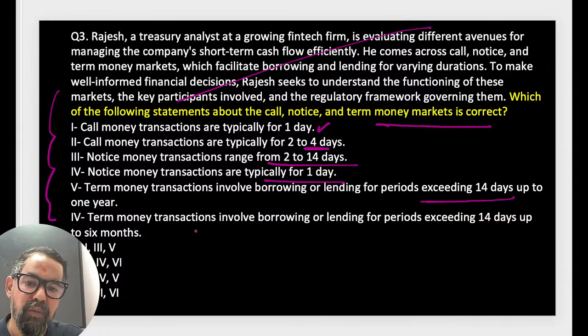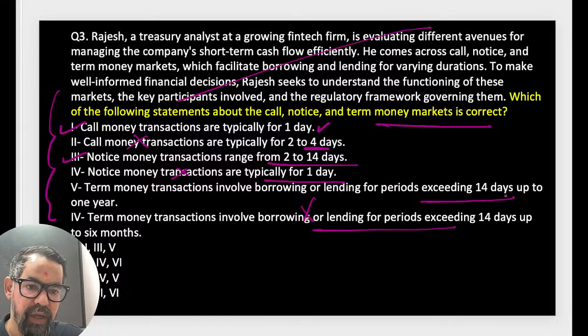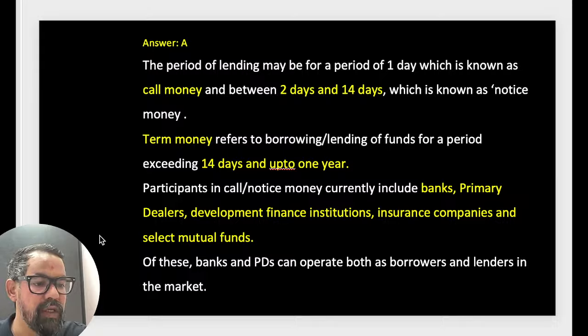So this statement is wrong, statement 1 is true, statement 2 is wrong, statement 3 is correct, statement 4 is wrong. Term money is lending for a period exceeding 14 days up to 1 year, true. So 1, 3, 5 means option A will be the right answer for this particular one.